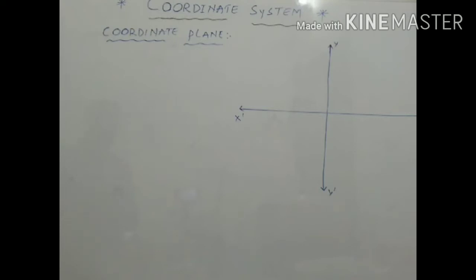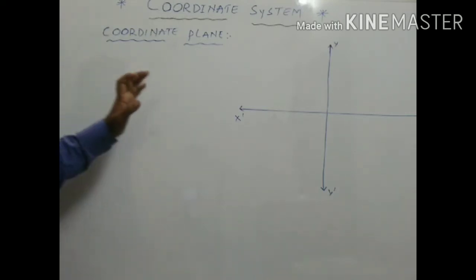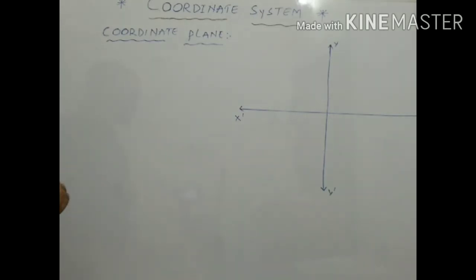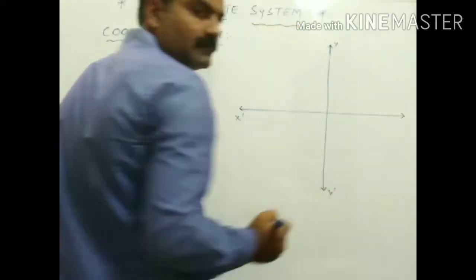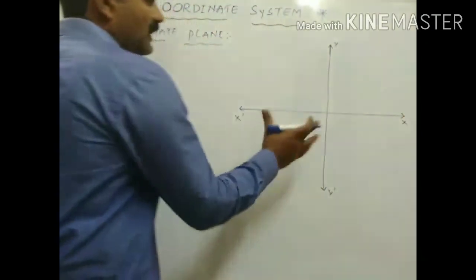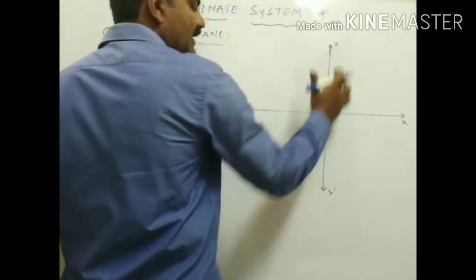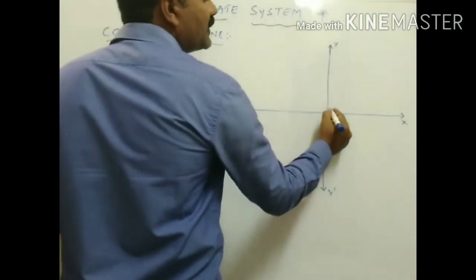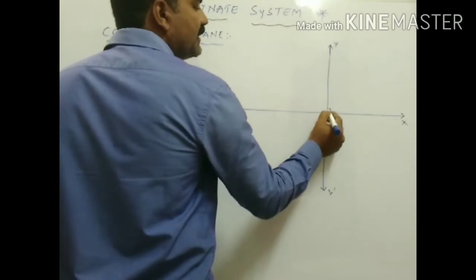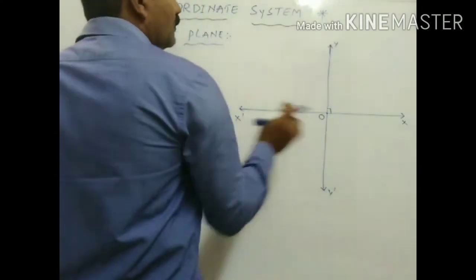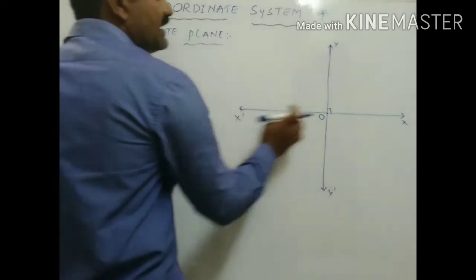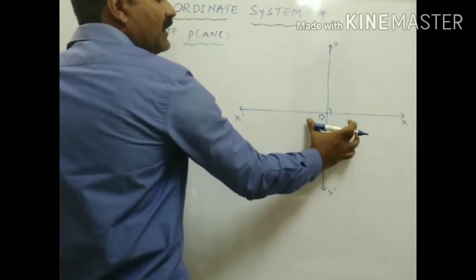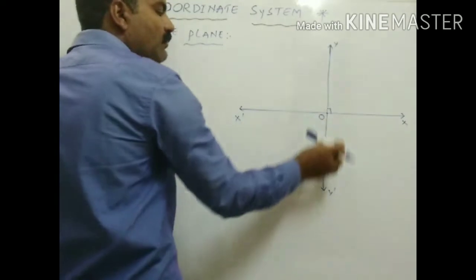To explain this concept, let us consider two mutually perpendicular lines, X'X and Y'Y, intersecting at a point O. One line, X'X, is horizontal and the other, Y'Y, is vertical.